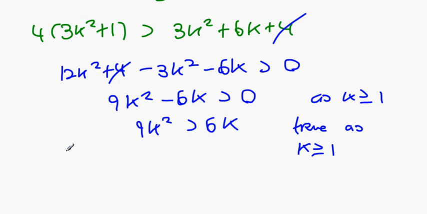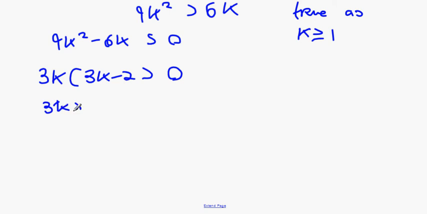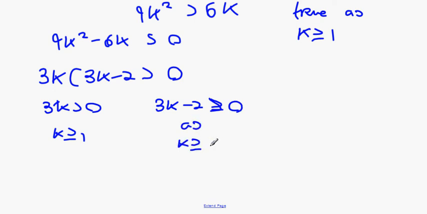Now what we could also try here is say 9k squared minus 6k is greater than 0, and then we take out 3k, and we get 3k times 3k minus 2 is greater than 0. So 3k is greater than 0 as k is greater than or equal to 1, and 3k minus 2 is greater than 0 as k is greater than or equal to 1.